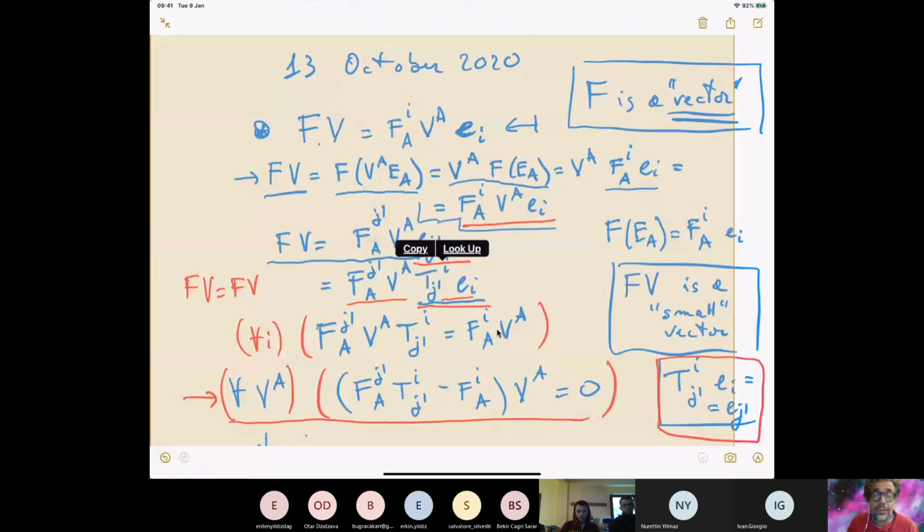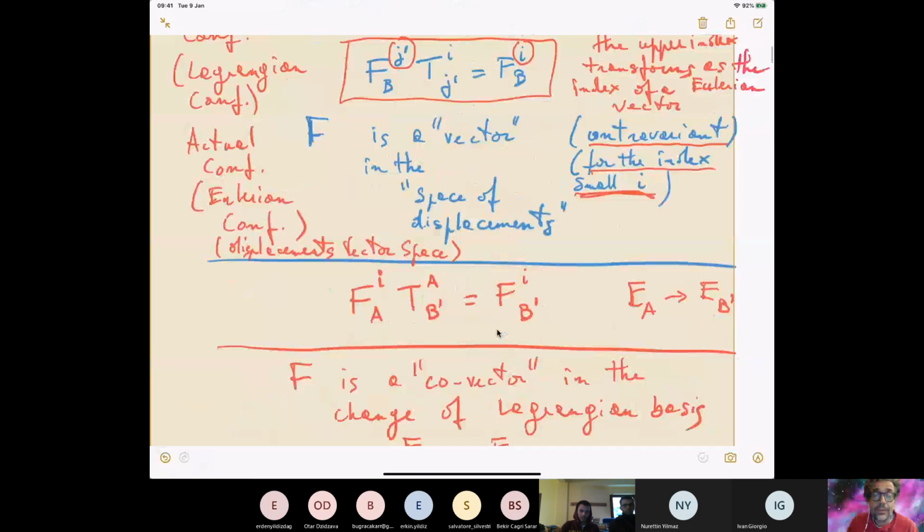Every physical theory needs an inner product. Otherwise, you cannot build in an appropriate way the tensorial algebra on it. Okay.